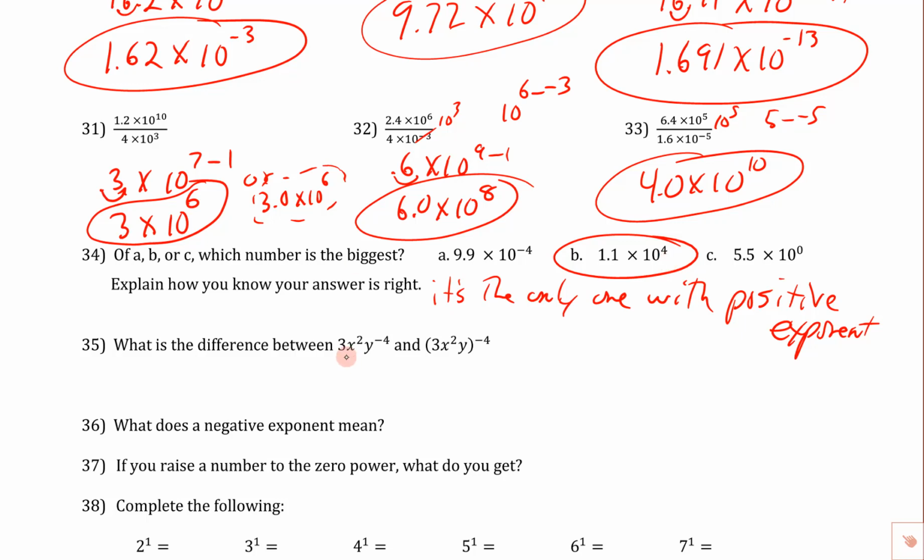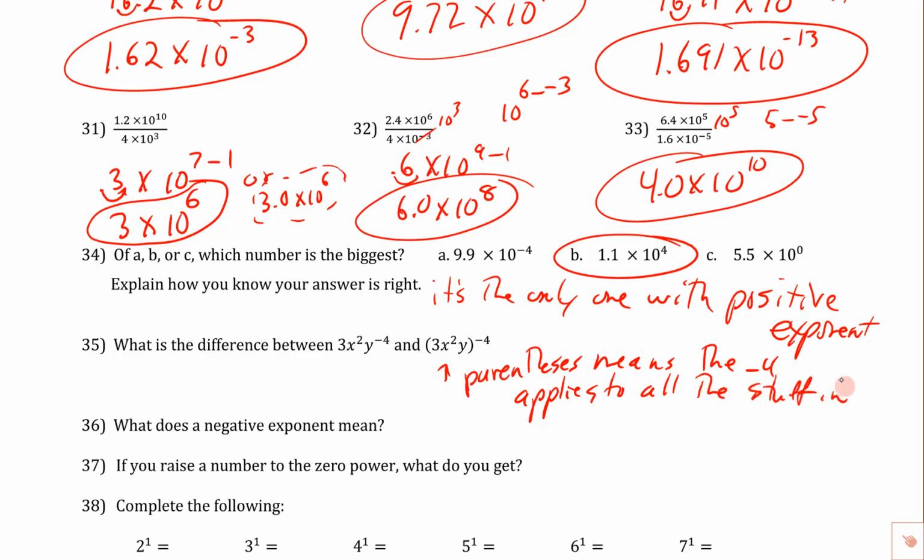What is the difference between 3x squared y to the -4 and (3x squared y) to the -4? Well, the big difference here is this is in parentheses. So we're going to say this: parentheses means the -4 applies to all the stuff in parentheses.